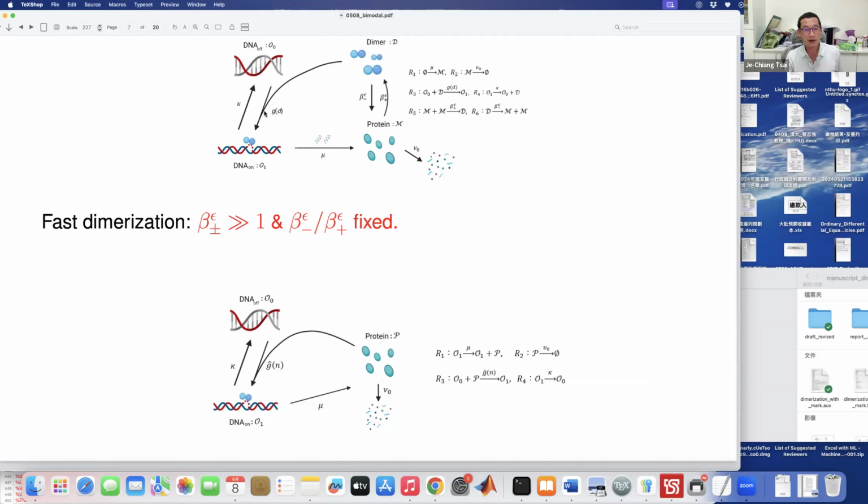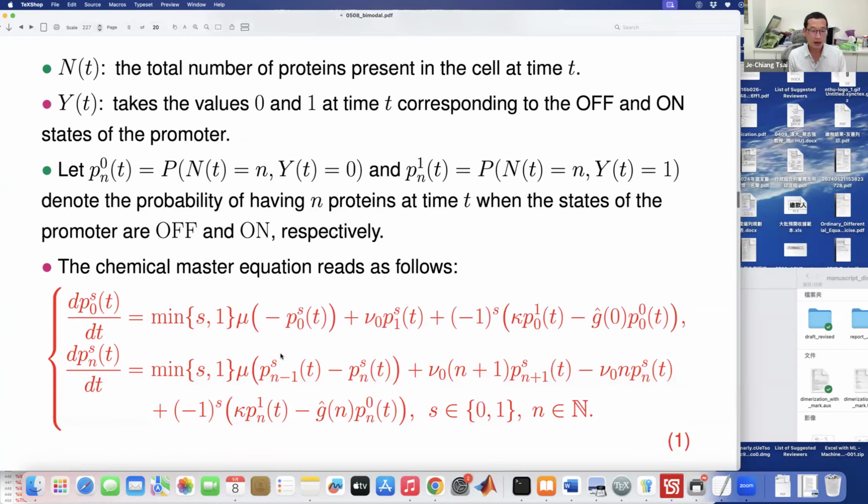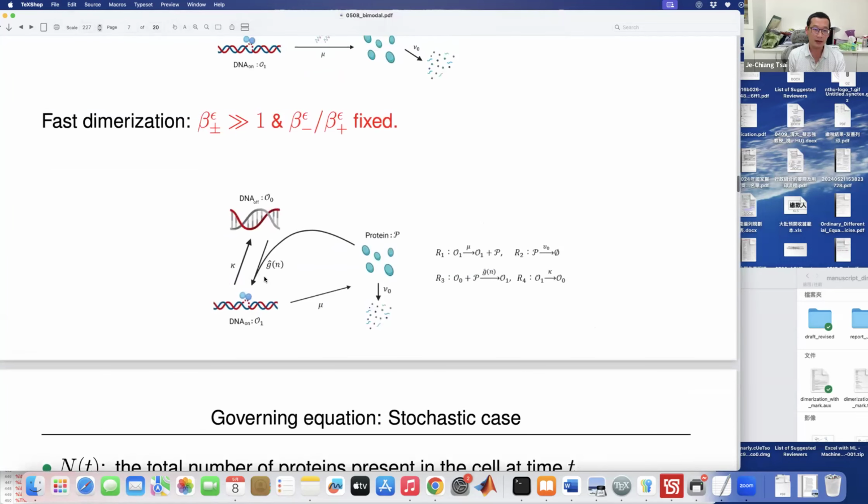But this reaction rate, this linear one, should be replaced by another nonlinear function. I will talk about this reaction rate later.